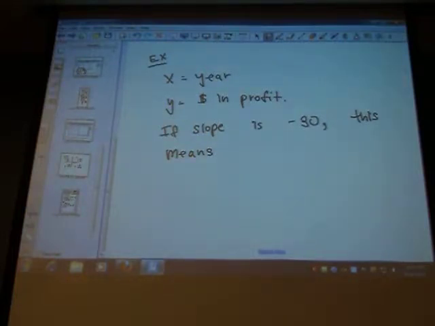What does this mean? Your slope is -30. What would I say is falling? Is the year falling? Profit is falling. Profit falls by how much? $30 every year.